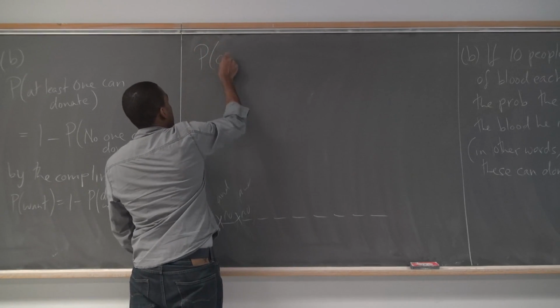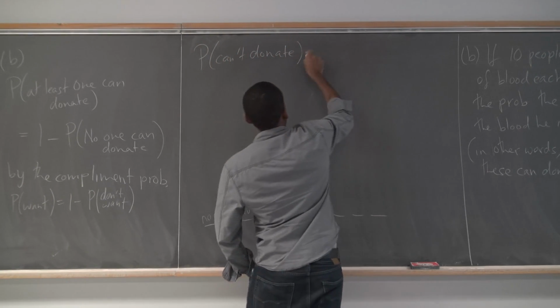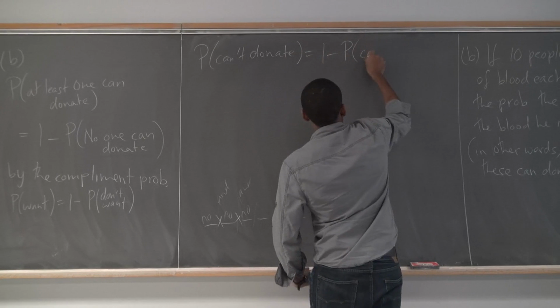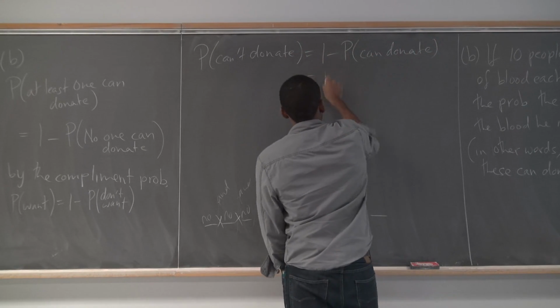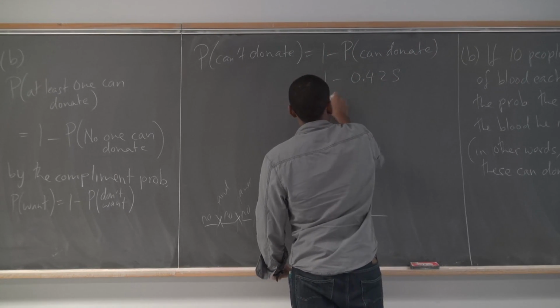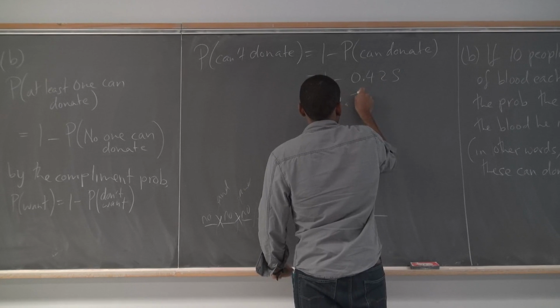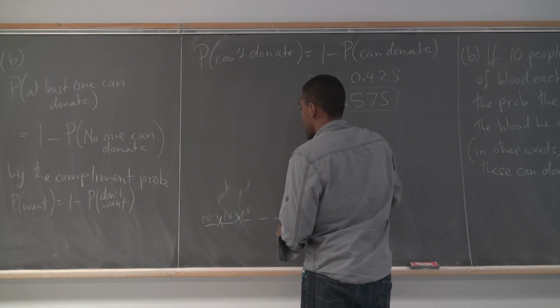So the probability of can't donate is 1 minus the probability you can donate. And that I just found. So this is just 1 minus 0.425, which is 0.575. So that's the probability that a random person cannot donate.